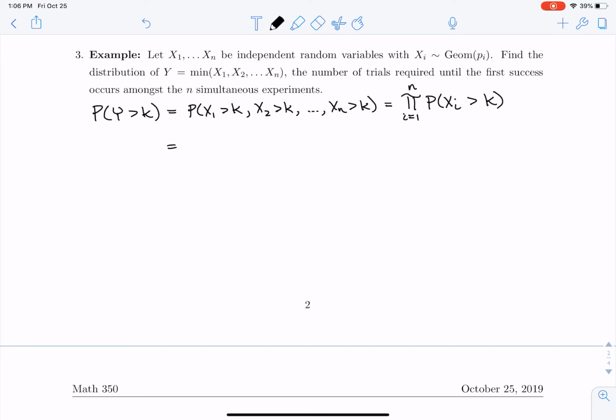Okay, so what is the probability that x sub i is greater than k? Well, if x sub i is greater than k, that means that we must have failed k times to have a success. So that's 1 minus the probability of success to the kth power.